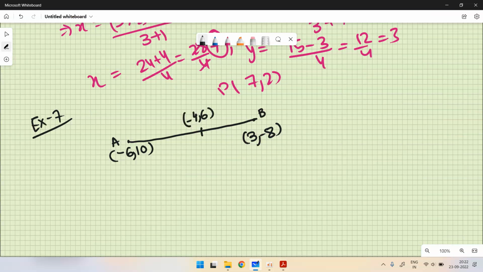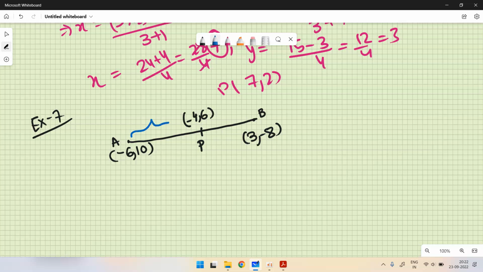This point is denoted with P, and let me take that it divides the segment in the ratio k is to 1. Because we need to find the ratio, you can take the ratio to be k is to 1. So I am assuming it divides in the ratio k is to 1.